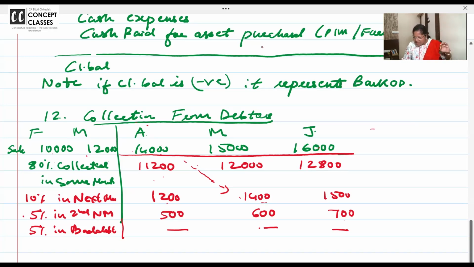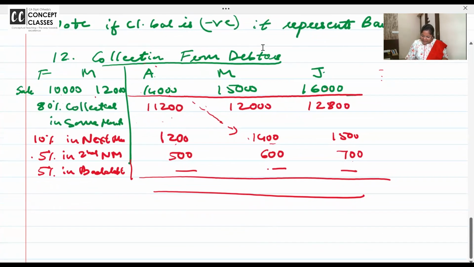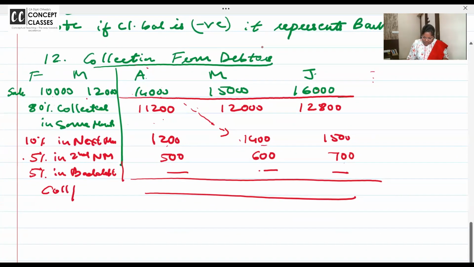Remaining 5%, are you going to pay in July? No. That's a bad debt. पैसे डूब गए. तो जो आने नहीं वाला उसको collection में क्यों लेना है? The amount which is not going to come, you should not write. Finally, what is the collection from debtors total up?